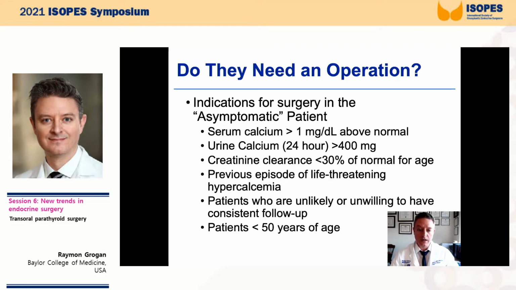There are, however, people who are asymptomatic, meaning they don't have any of those symptoms. But there are several other criteria that have been identified that would say that people will benefit from surgery if they have any of these other things.